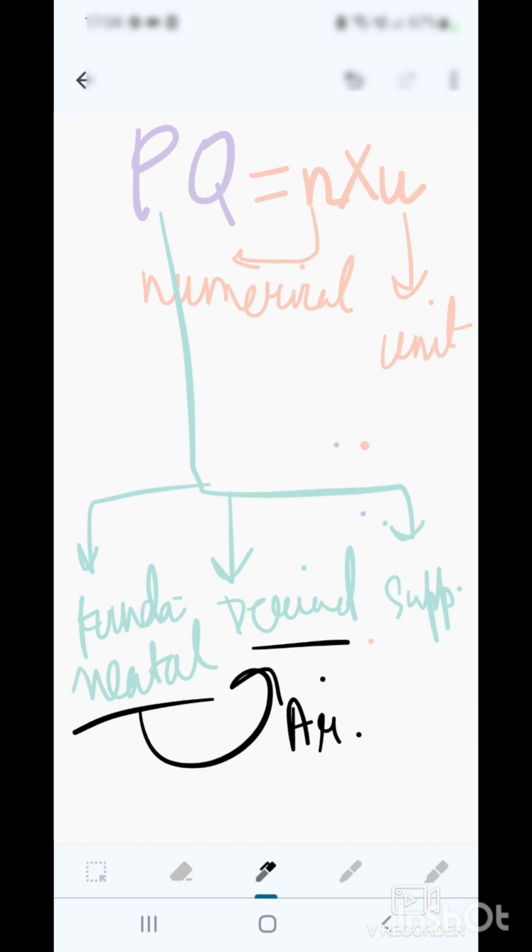Along with that, fundamental quantities are the most important physical quantities, which are of seven types.